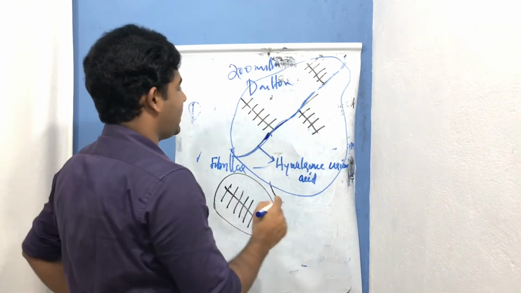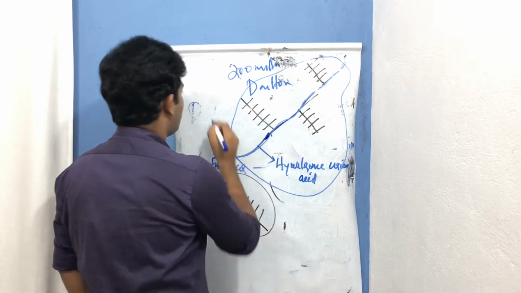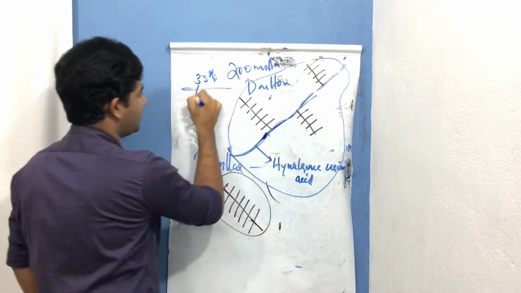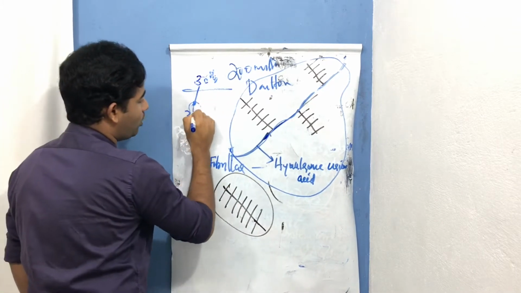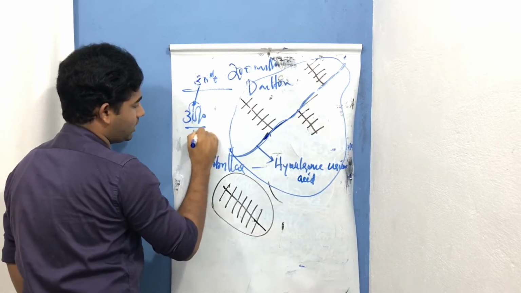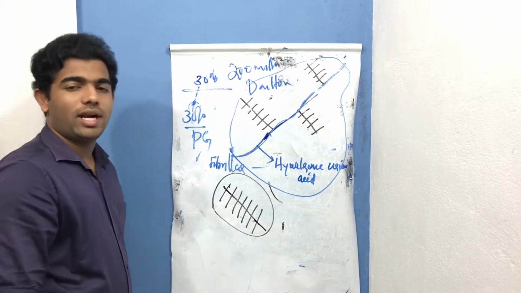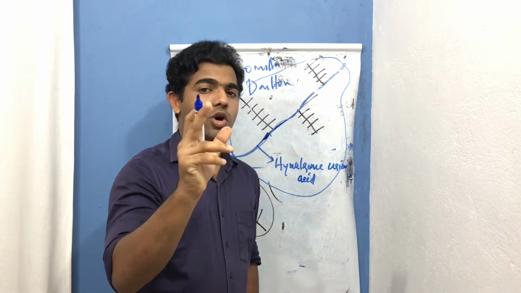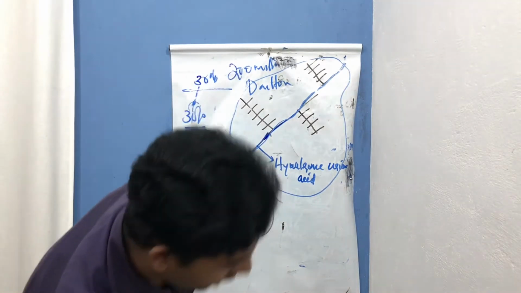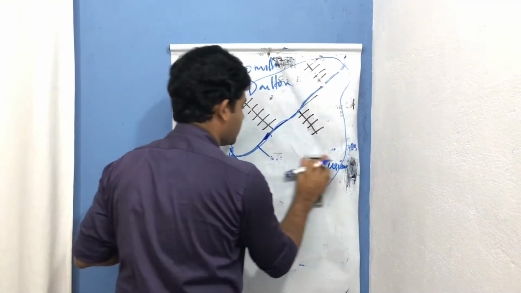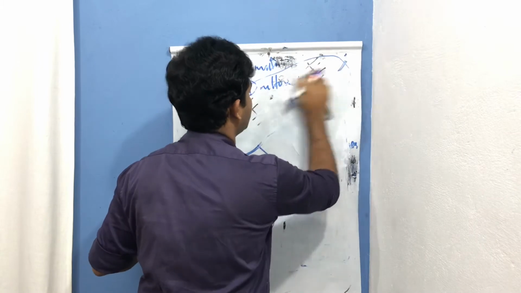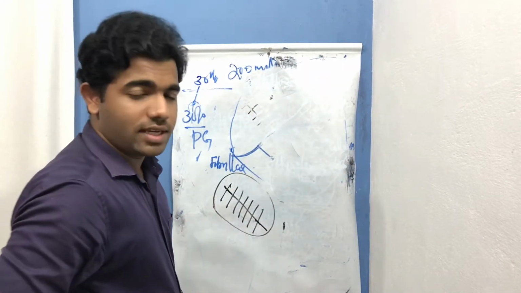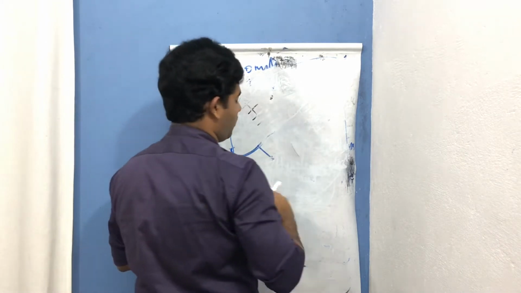And about 30% of the dry weight is occupied by the proteoglycans. So proteoglycans only occupy about 30% of the dry weight of the cartilage. What about the 70%? The 70% of the dry weight of the cartilage is occupied by, can you guess the structure? That is the collagen. Yes, very good.